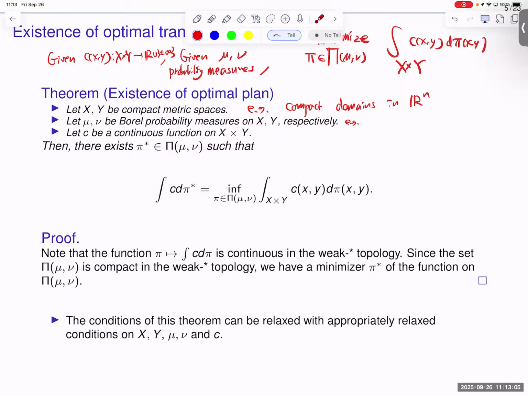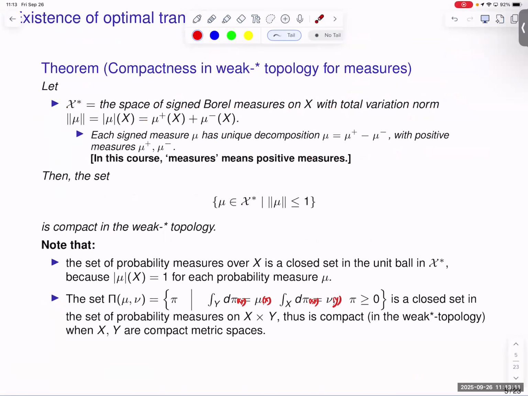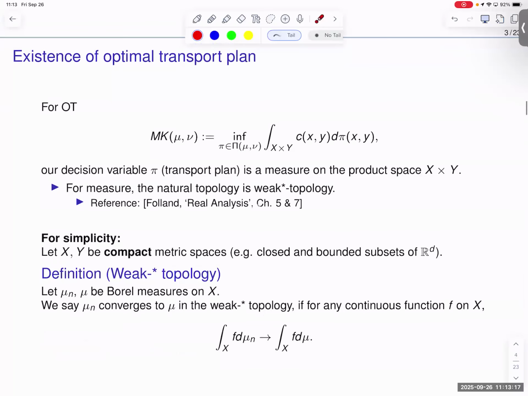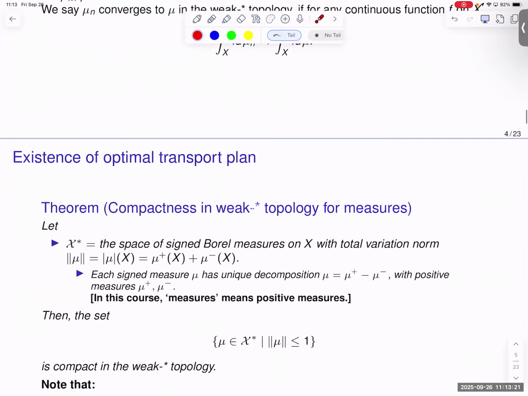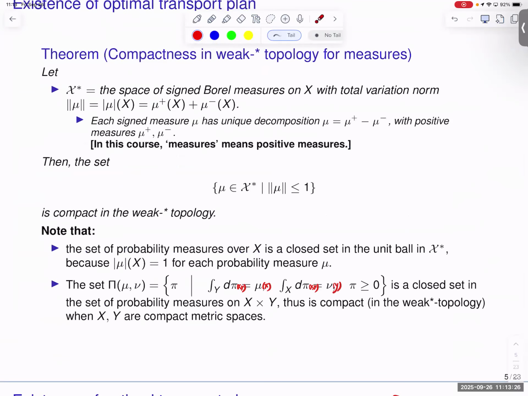To give a proof of such a theorem, we need to discuss some topology on the space of measures, which is called weak star topology. But let me not discuss this for today, okay? Basically, you can just believe that there is a very natural topology on the space of measures.